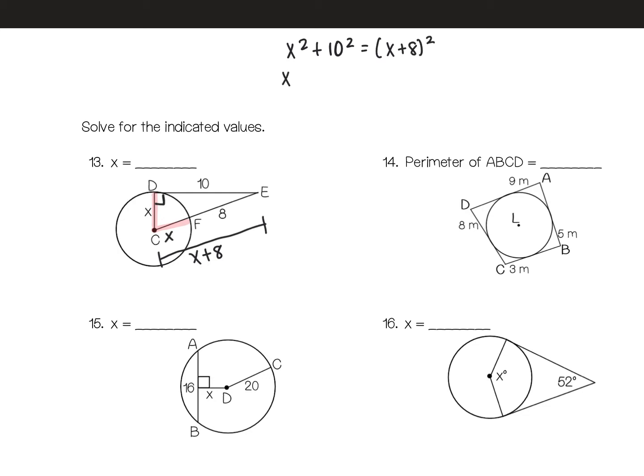x squared plus 100, and then in order to square this, I have to write it out twice and distribute. So I'm going to start with this x. I'm going to distribute, so x times x is x squared, and then x times 8 is 8x, and then 8 times x is 8x, 8 times 8 is 64.